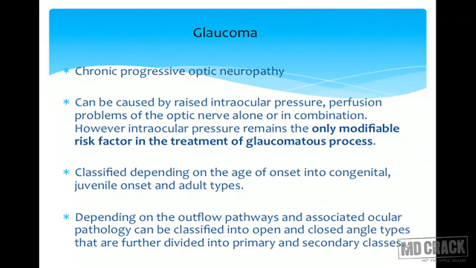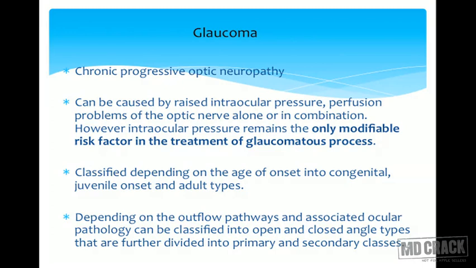So, as we all know today, glaucoma is a chronic progressive optic neuropathy. It can be caused by raised intraocular pressure, perfusion problems of the nerve alone, or a combination of the two. However, as we already said, the intraocular pressure is the only modifiable factor that can help us in the treatment of glaucoma.